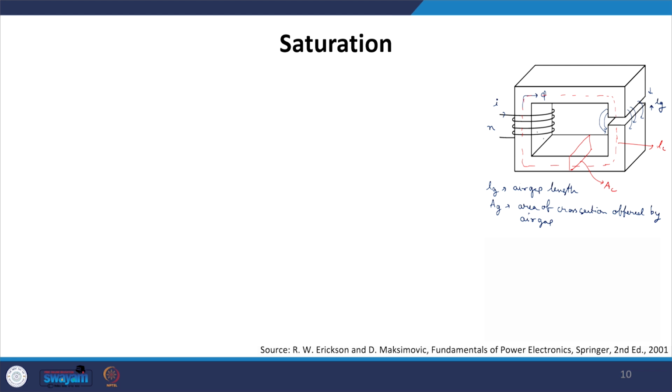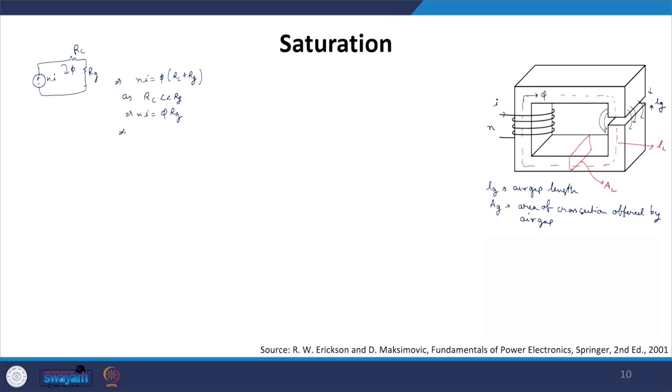Now considering this particular structure, let us define the magnetic circuit model, which will look something like this. Now this implies I can write Ni to be nothing but flux multiplied by Rc plus Rg, and as we know that our Rc value is less than Rg, as we have already discussed in the previous slide, we can then write Ni is nothing but phi times Rg.